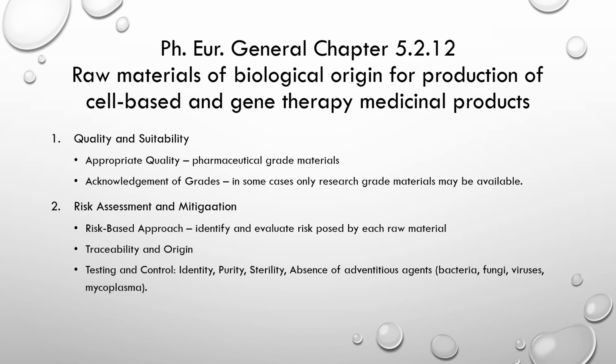So I think I've talked about it here, this risk assessment and mitigation. So you have to take a risk-based approach. So identify and evaluate the risk posed by each raw material. So this is very much following on and in the same genre, if you like, of the viral evaluation.